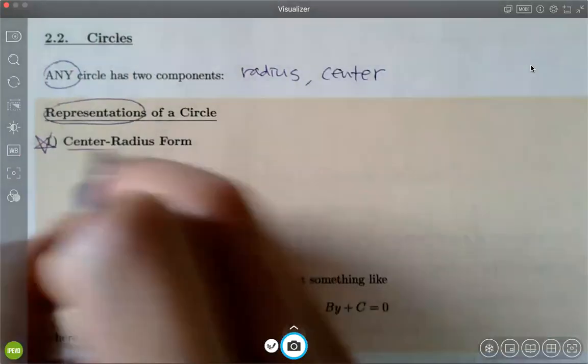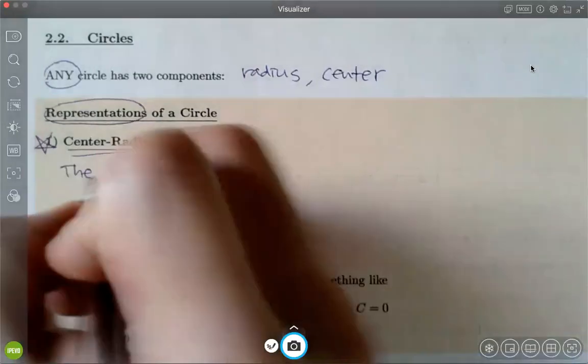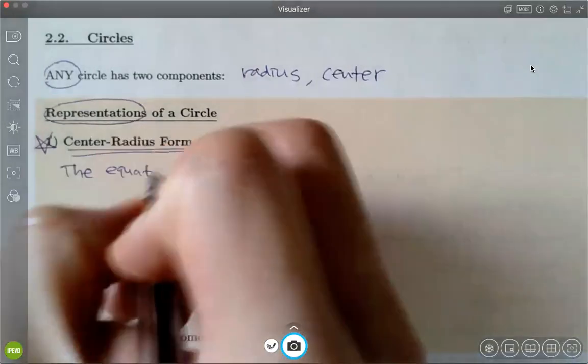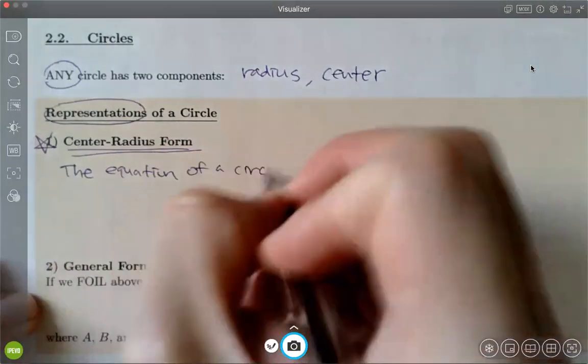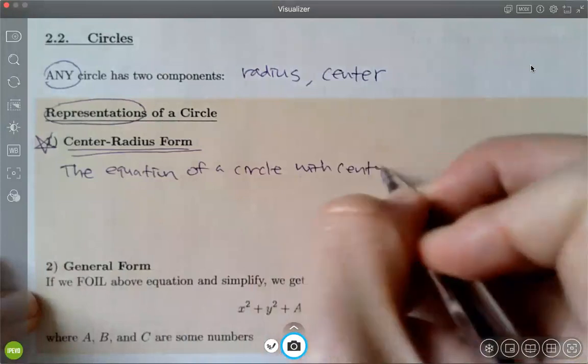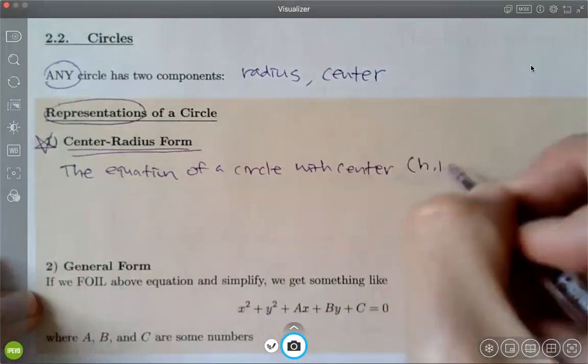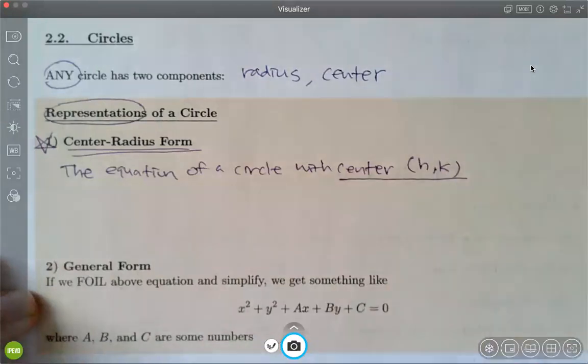Okay, so now, what does it say? The equation of a circle with center h comma k. Okay, so now, like I said before, center is a point, and this circle will be on the xy plane, so it has ordered pair h comma k.